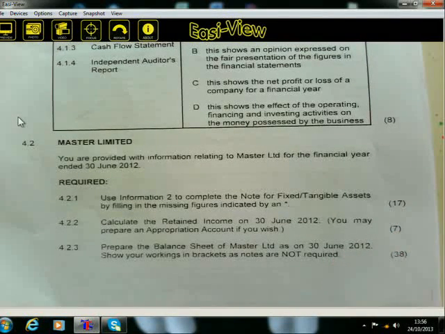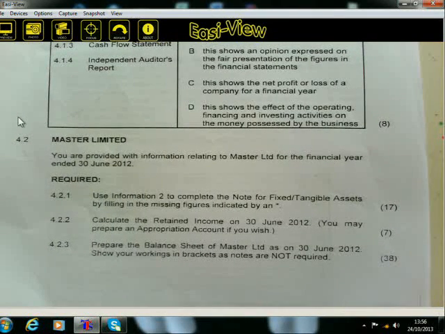But 4.2, we should do it because when you read 4.2, it reads, you are provided with information relating to Master Limited for the financial year ended 30 June 2012. Remember, I've said knowing the beginning of the financial period is very important, because when you have to add information or adjust, you must make use of the financial period.